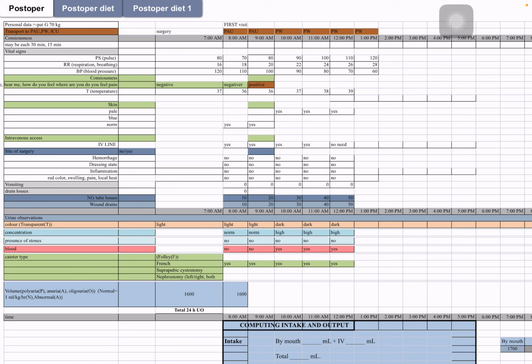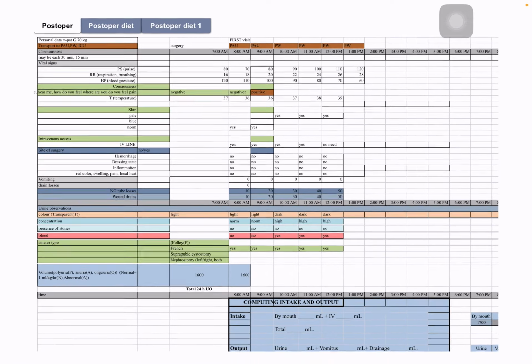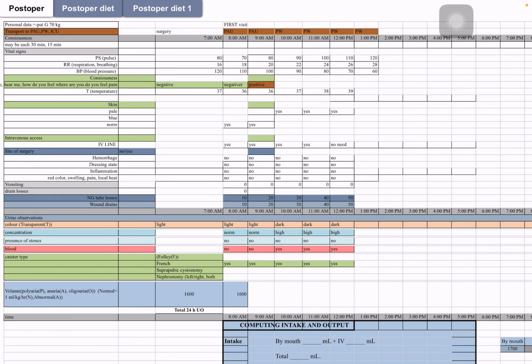So the next one is again the consciousness. You have to check. Previously we checked consciousness every 30 to 15 minutes. Here you have to check the consciousness by giving motor commands like, can you hear me, can you feel, where are you, and where do you feel pain.